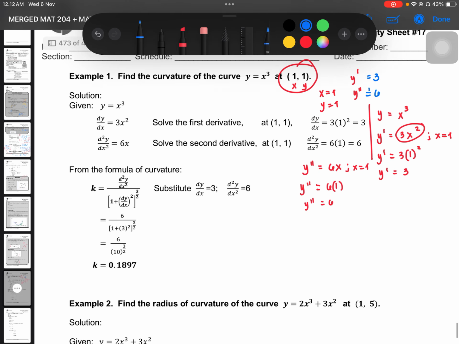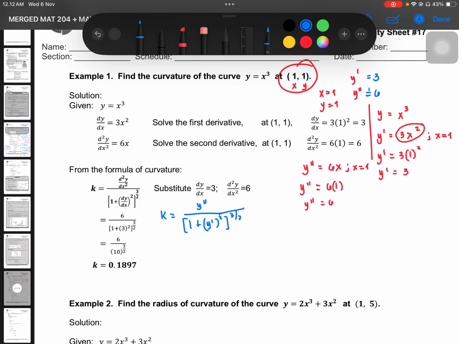So, let us move now to our formula. Our formula for the curvature is k is equal to y double prime all over 1 plus y prime na naka-square, then raised to 3 halves.